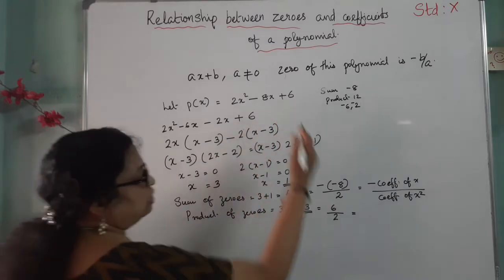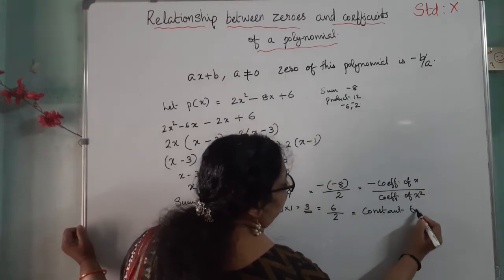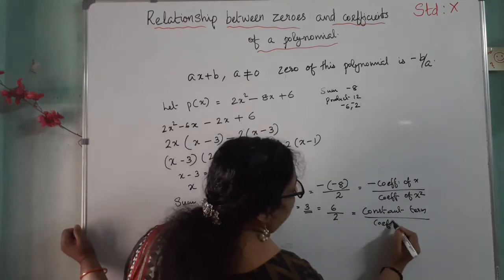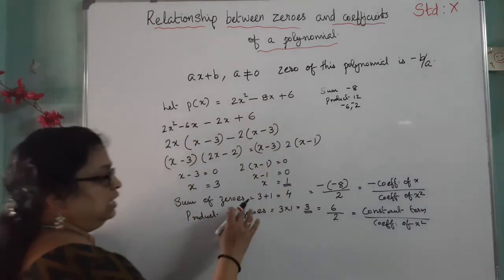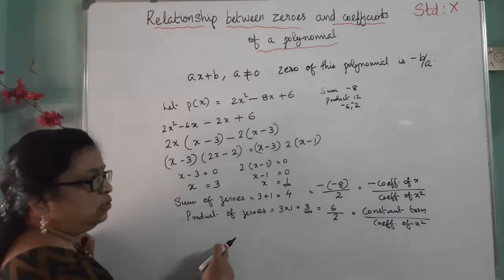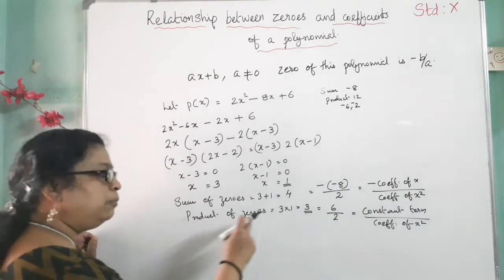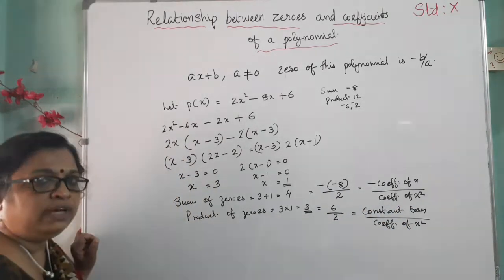Here 6 is the constant term and 2 is the coefficient of x square. So finding the zeros, the sum of the zeros is minus coefficient of x by coefficient of x square, and the product of zeros is constant term divided by coefficient of x square.